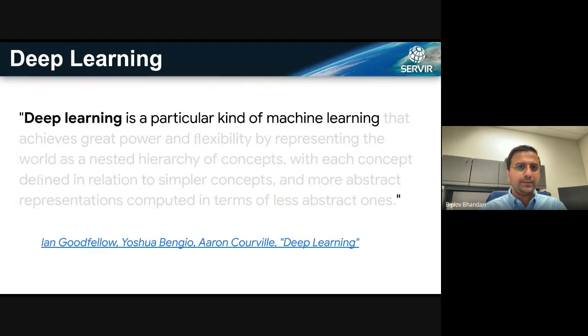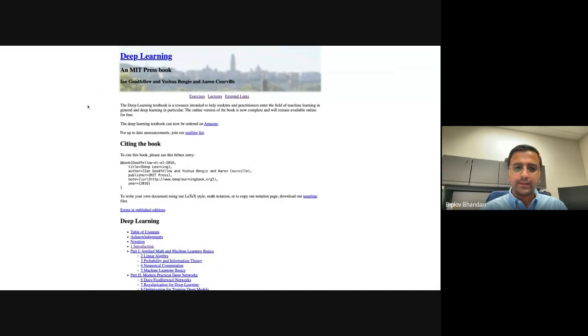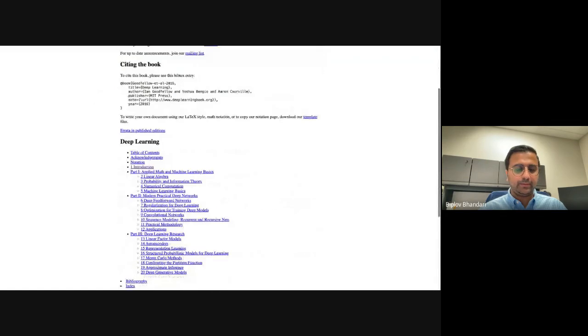It's the Deep Learning book, and it's open. It's one of the really good books that I like to suggest to everyone. It goes from the introduction, but it also builds on some of the mathematical foundation of how deep learning actually works under the hood, and how you can use it in your workflow. So I highly recommend checking this book out.